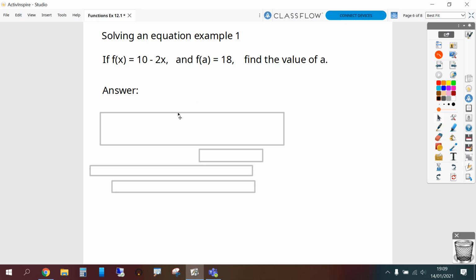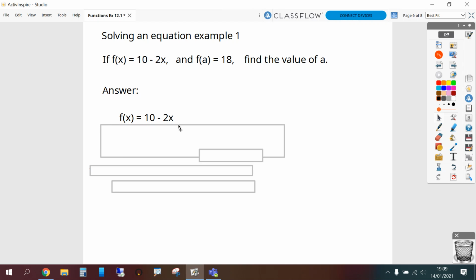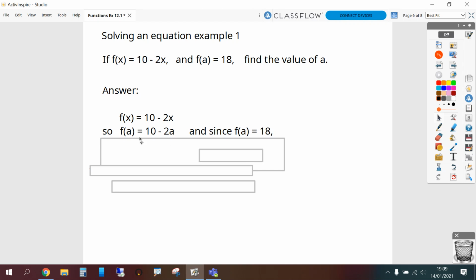So the first step we need to do is write down what f of a looks like. So f of a is just the same as f of x, except we change the x into an a.